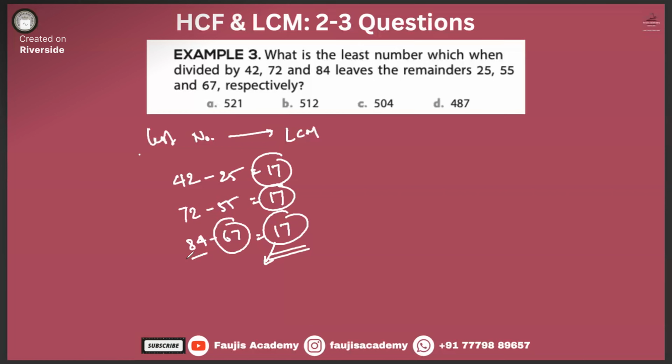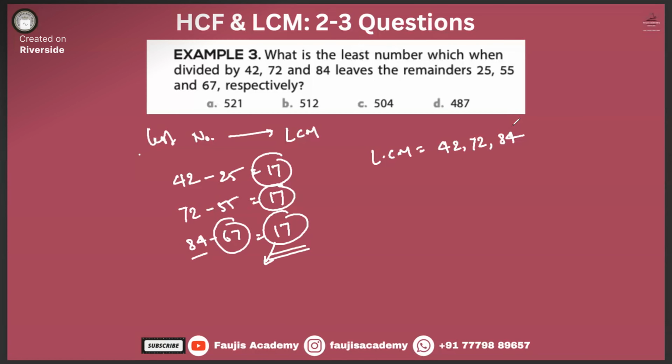Now you tell me, what is the LCM of 42, 72 and 84? Let's try to find it out. 72 into 2 is 144, 36, 216.